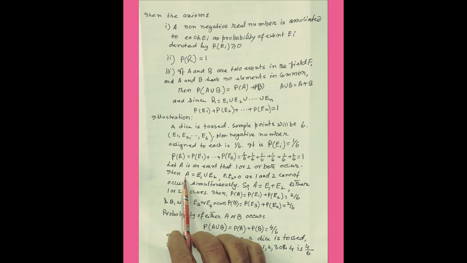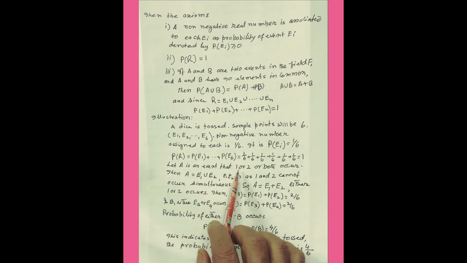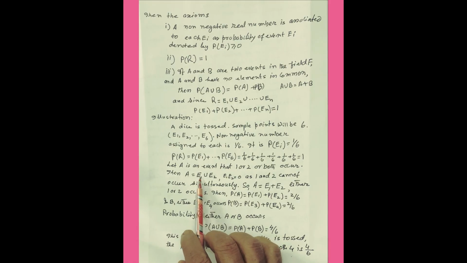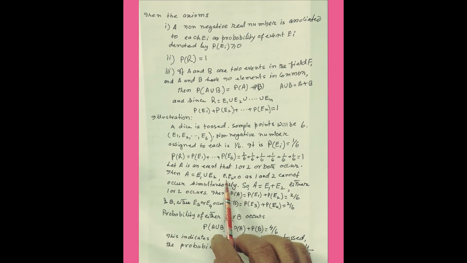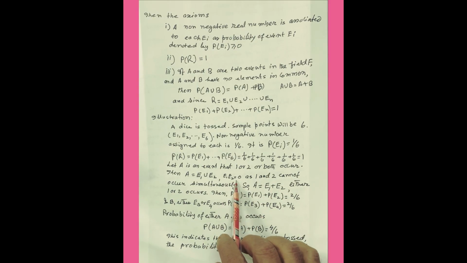Then it is written as A is equal to E1 union E2. And E1 intersection E2, that means both occur, is 0.